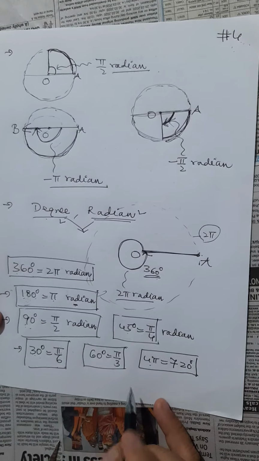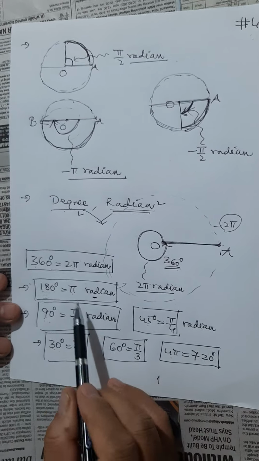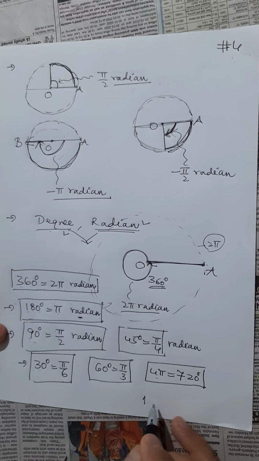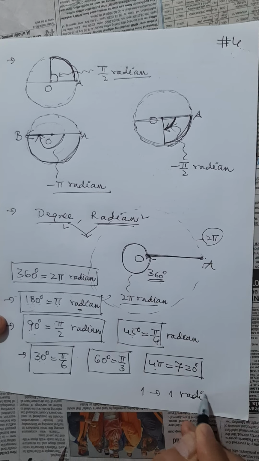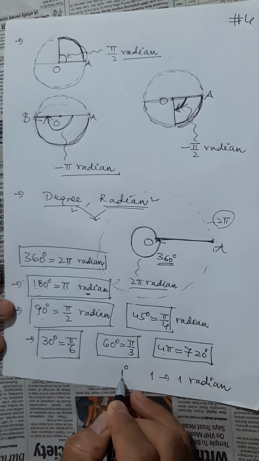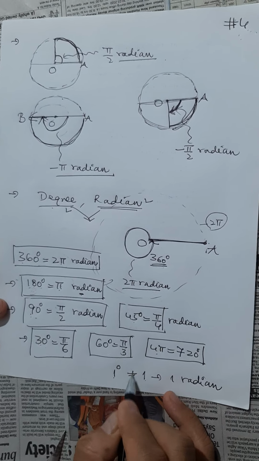When I write 1 in an angle, that is considered as 1 radian. Pi means in form of a number. But when I write 1 with a degree sign, this is 1 degree. This is 1 degree, this is 1 radian. Both are different, remember.